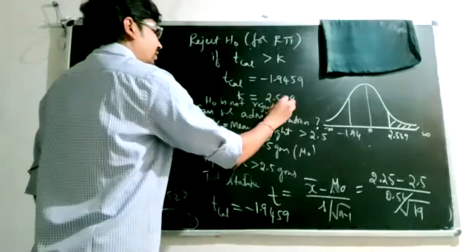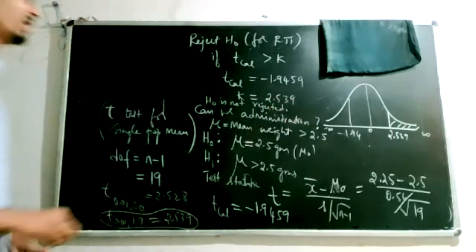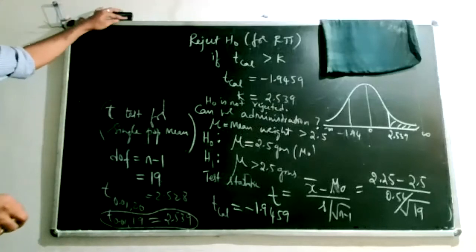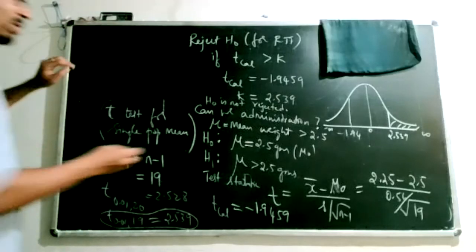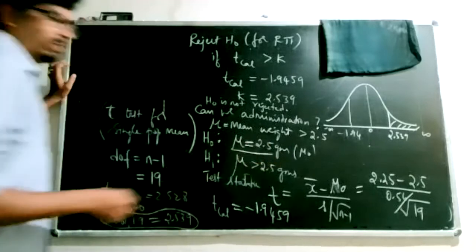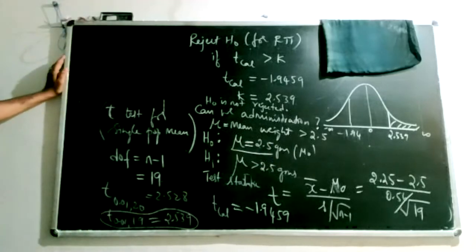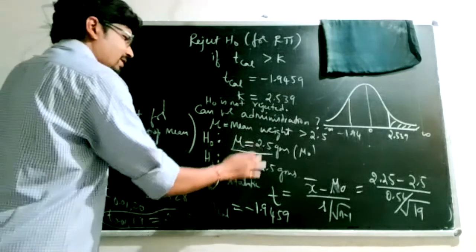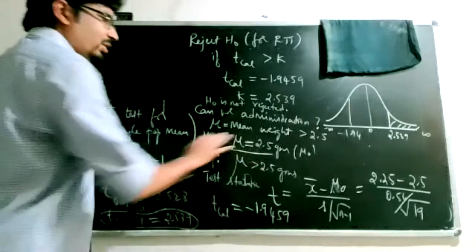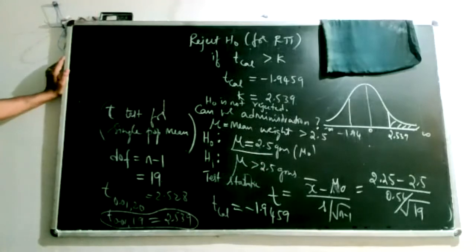So we are saying the weights of rats have not improved. It is the same as what we observed in the beginning of the experiment. So it is less than 2.5 or at the most it is 2.5. It has not gone above 2.5 grams.